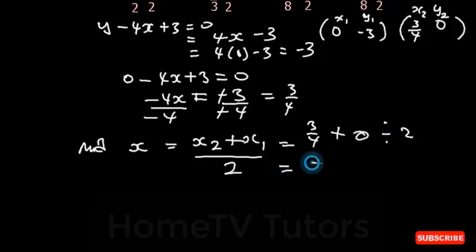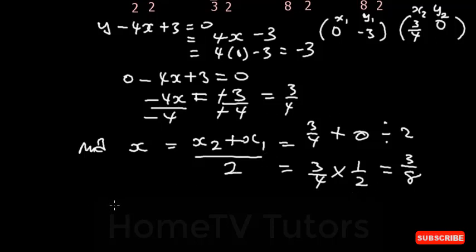So now we have 3 over 4. The division we want to change to multiplication, which we now invert the 2 to 1 over 2. So we have 3 over 8. So at the midpoint of x we have x as 3 over 8.